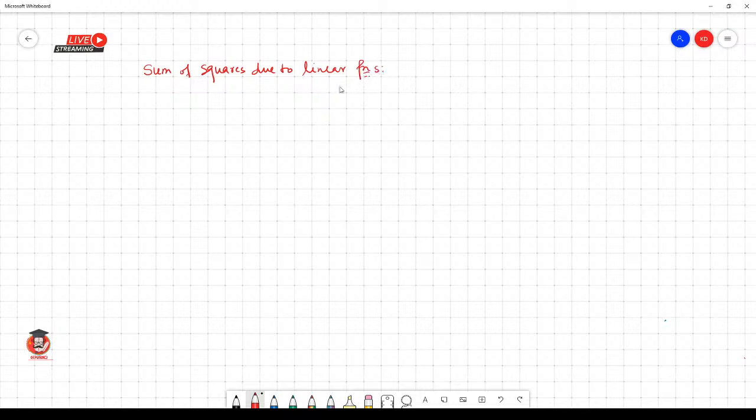Linear function, sum of squares due to linear function.